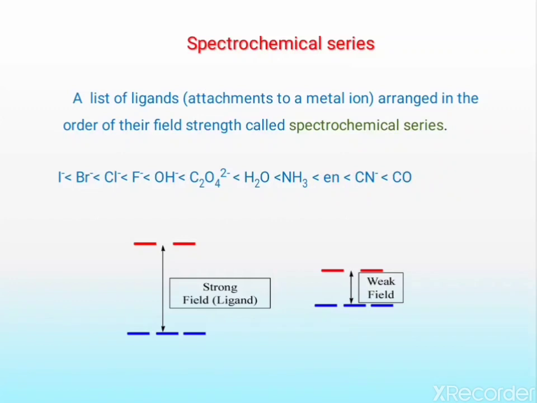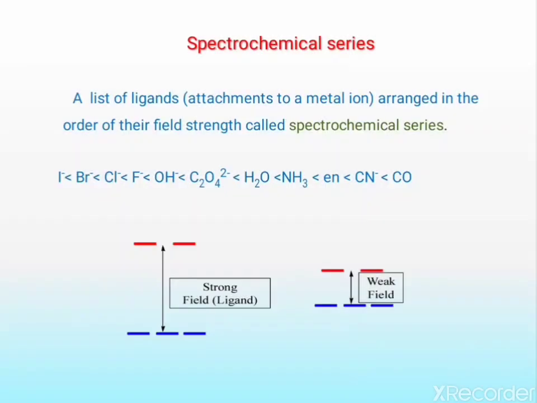In the presence of strong field ligands, there is a large energy gap between the T2g and Eg set of orbitals. In the presence of weak field ligands, the energy gap between T2g and Eg is very small.